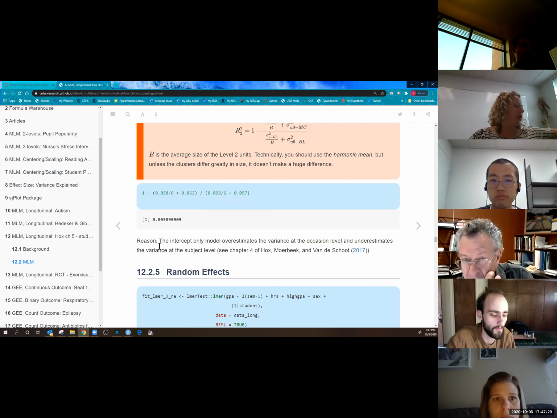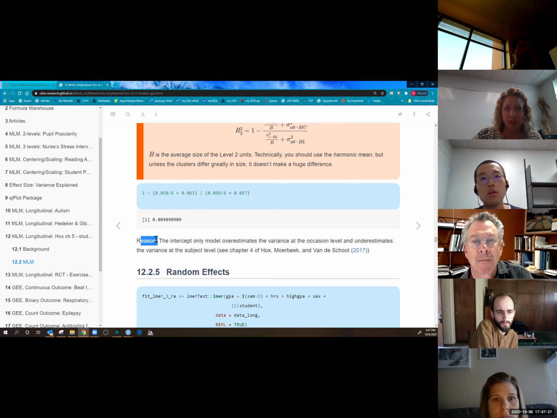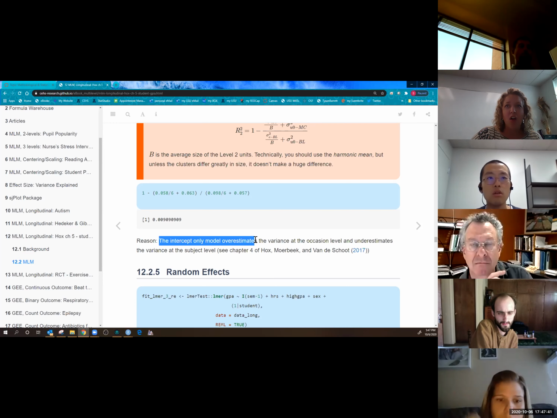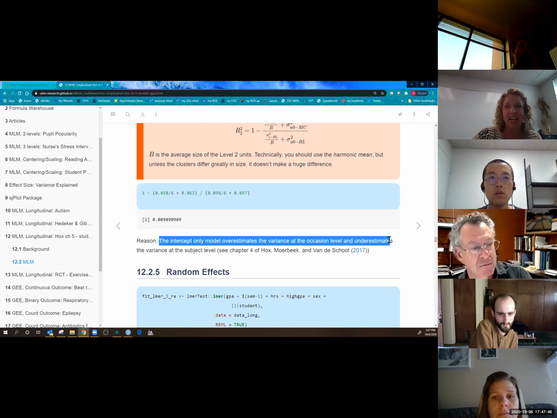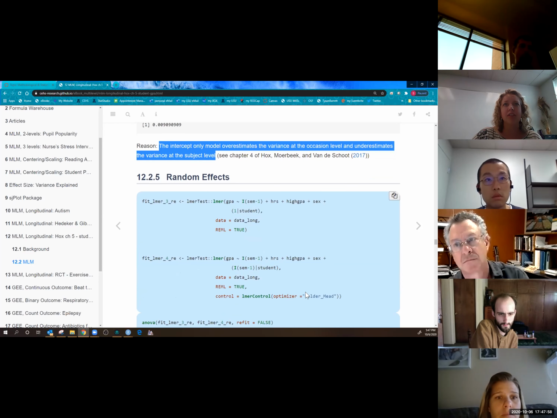This will come back up, and we're almost out of time, so I don't want to lay it on too thick, but the reason you get those negative R squareds is that the intercept only model overestimates the variance at the occasion level and underestimates the variance at the subject level. That's why we often fit that second null model that has time in it. And chapter 4 in Hox talks about this a little bit.